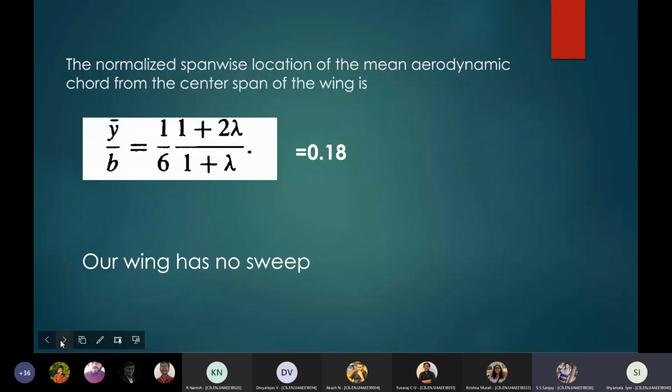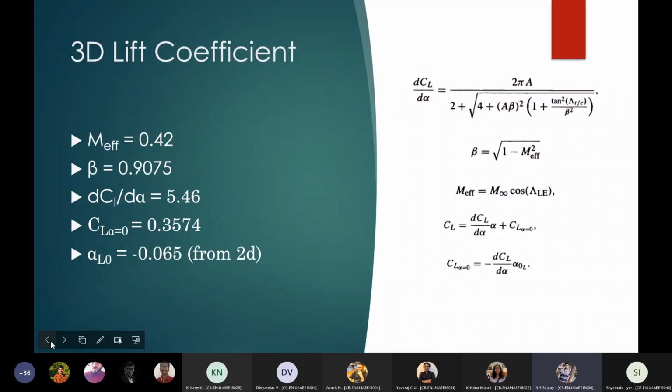And for your 3D lift coefficient slope, again the same thing. You can use your 2D lift curve slope instead of 2 pi. You got CL versus alpha for your airfoil. You calculate the slope from that and substitute it instead of 2 pi here, because 2 pi is from thin airfoil theory. Other things are all fine.